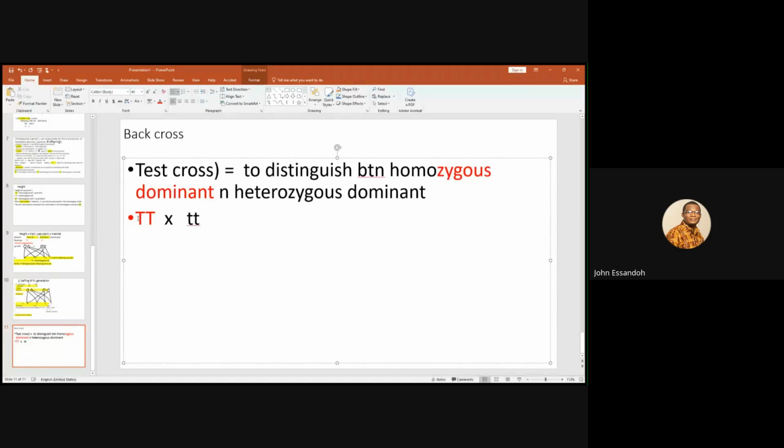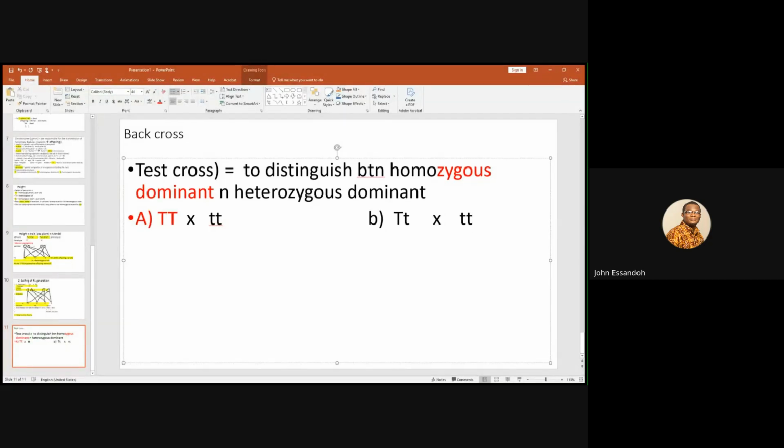Let's say A here, and then B here. Capital T, small t, crossing with small t.